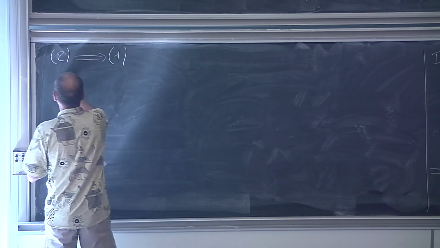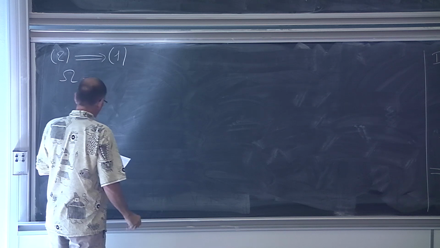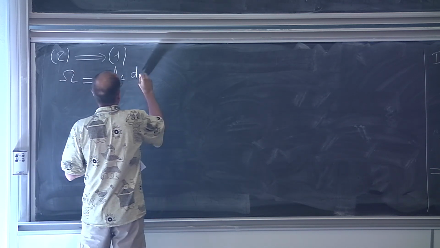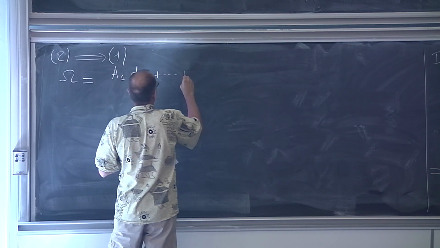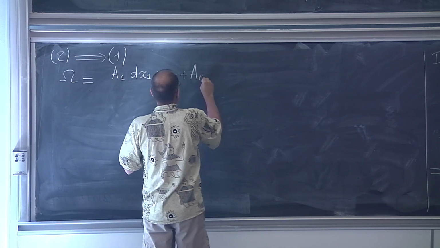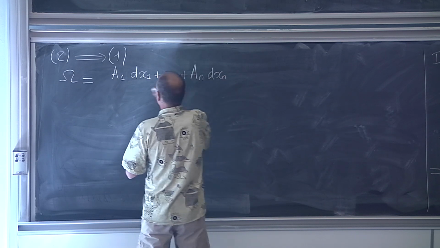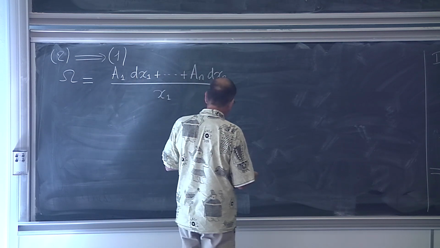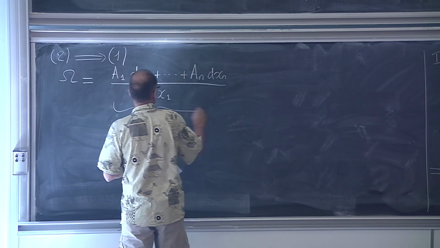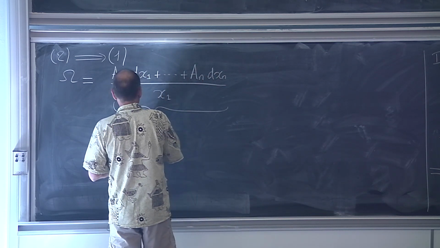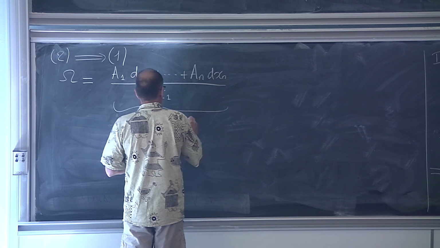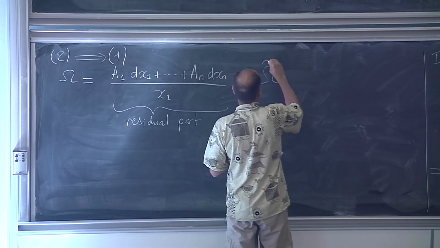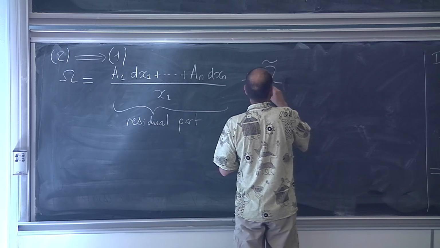You start with omega that you can write in the following way: A1 dx1 over x1 plus A2 dx2 plus ... plus An dxn over x1. So this is the polar part, residual part, I should say, plus something which is holomorphic, omega tilde.